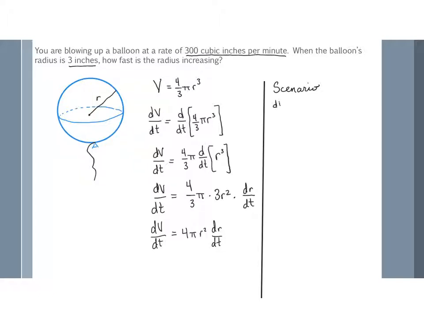So dV/dt is 300, and r is 3. So substituting these values into our equation that relates our rates, we obtain 300 equals 4 pi times r squared times dr/dt.